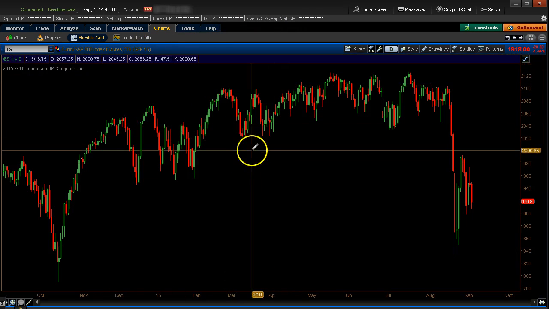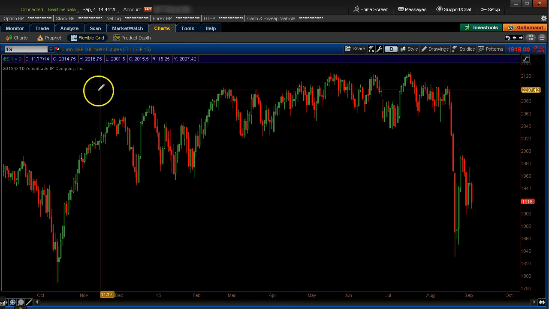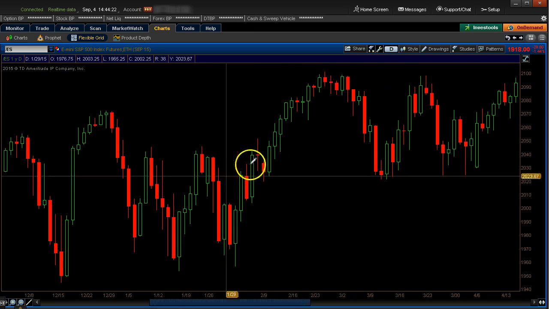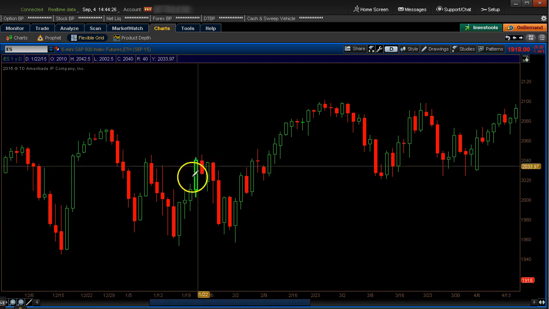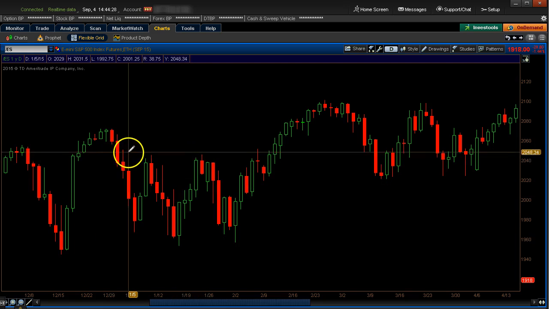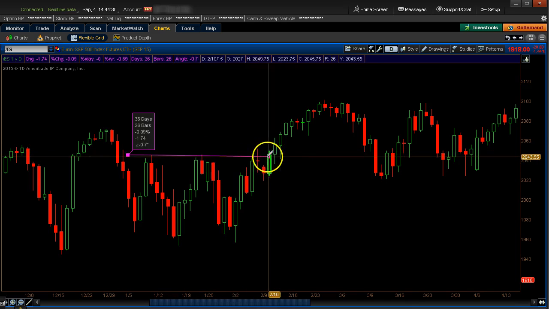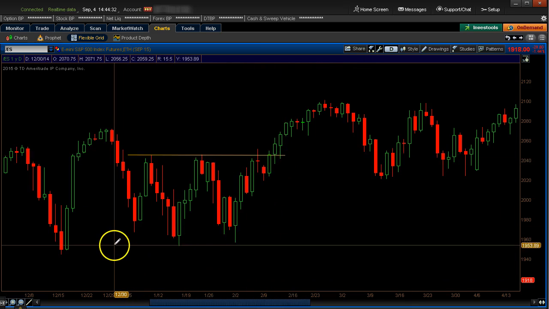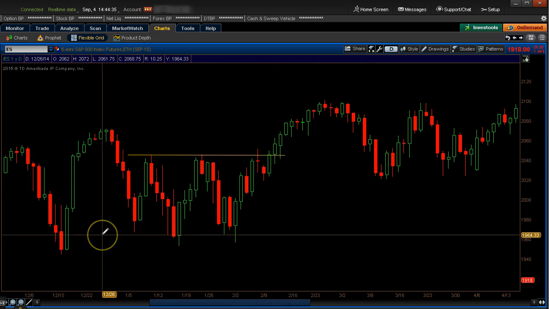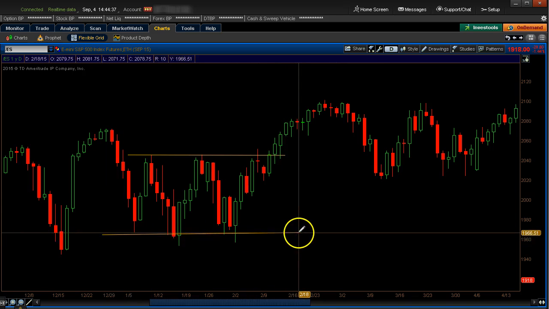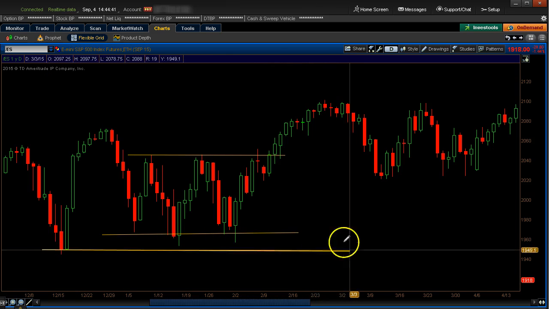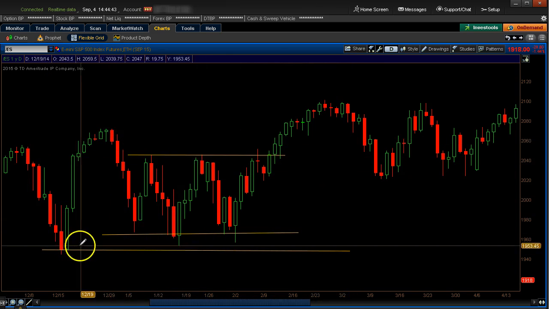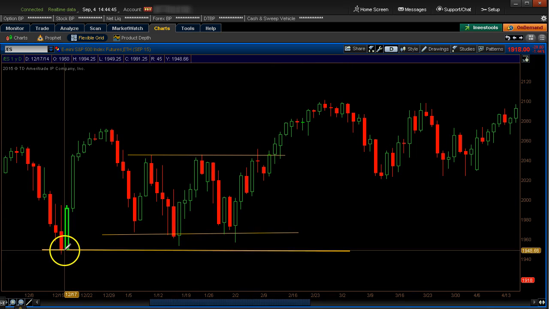So let's look at the S&P, and we're going to look at the daily time frame. As you can see, here's a perfect example of support and resistance, okay? Price finds support here.